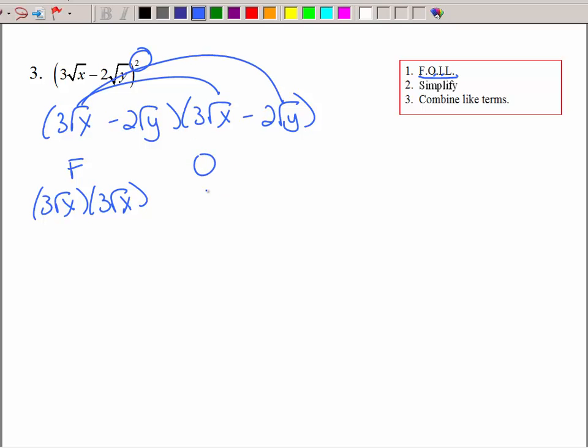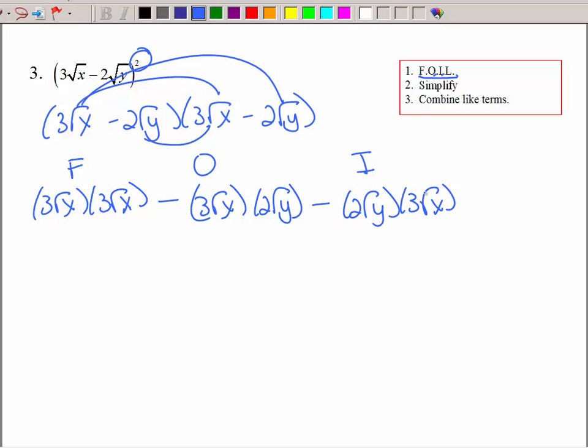Then the outer, that's going to be minus 3 square root of x times 2 square root of y. The inner, minus 2 square root of y times 3 square root of x. And then last, negative times negative is positive, 2 square root of y times 2 square root of y.